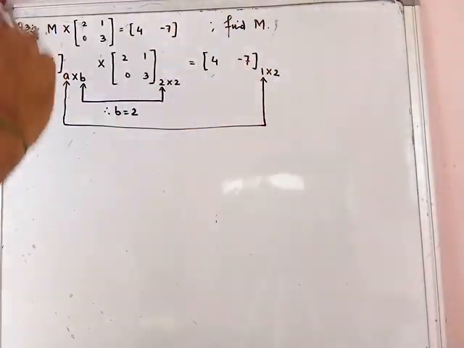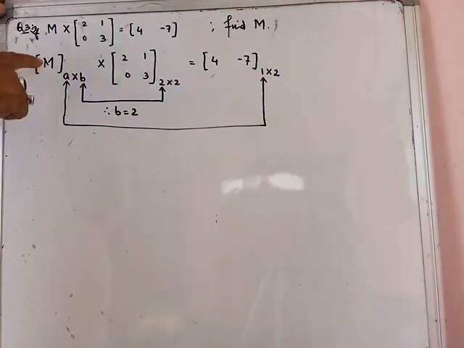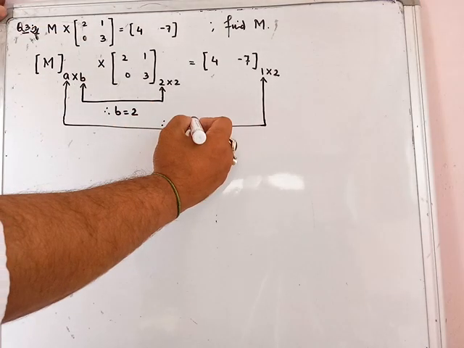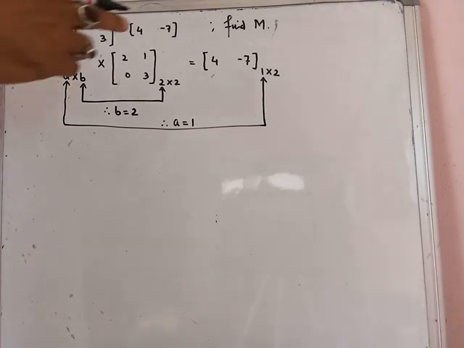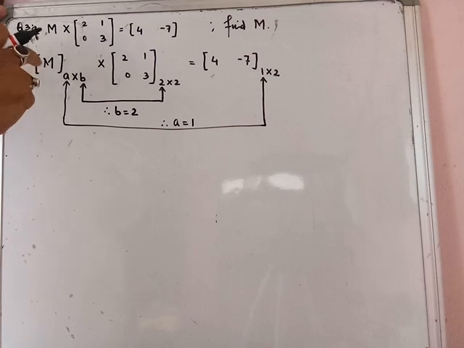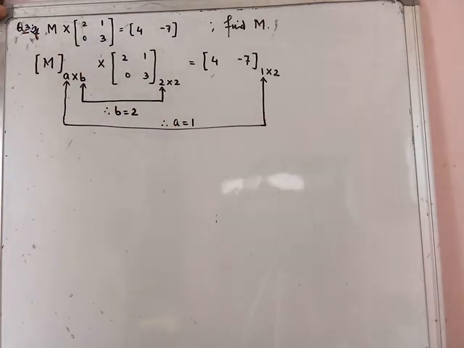The resultant matrix takes its number of rows from the number of rows of the first matrix. That means they are equal. Therefore, you can write A as 1. So by applying this rule, what we get to know is that the order of our matrix M is 1 by 2. A is 1, B is 2. This is how we have calculated.